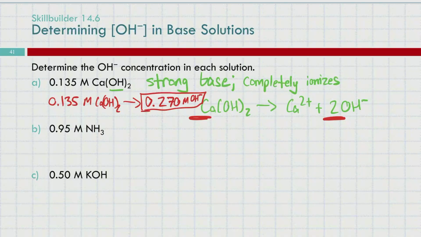What kind of base, strong or weak, is NH3? It's a weak base. How do we know it's a weak base? It's got a nitrogen in it. So it does not completely ionize.